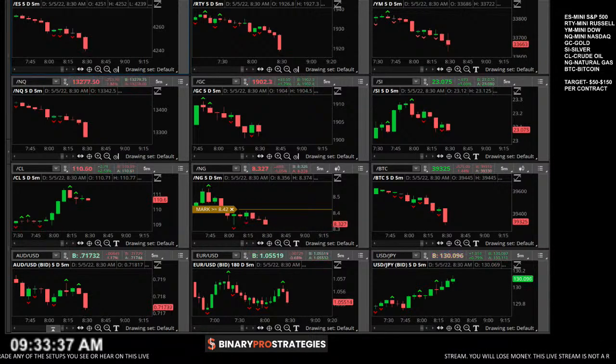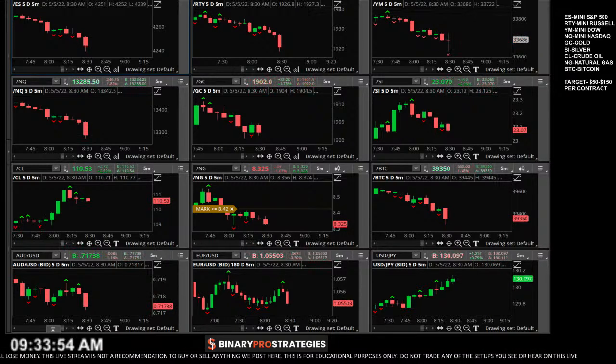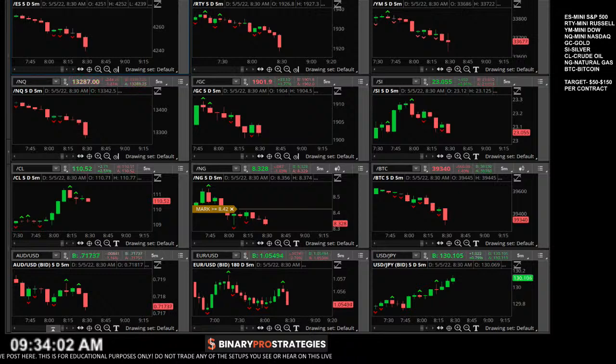Reverse sell. Okay, we are going to reverse here on the natural gas, going short natural gas. I do like this setup, a little bit stronger pattern short. Remember that short came in at 833.